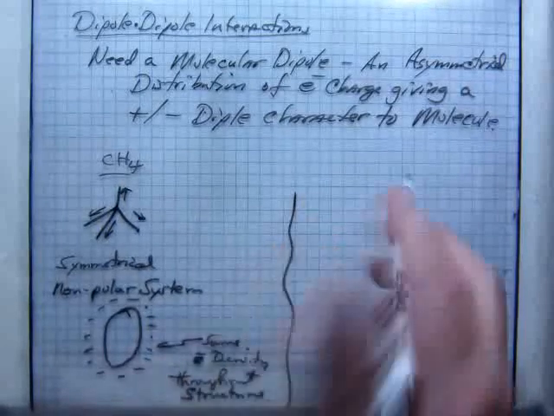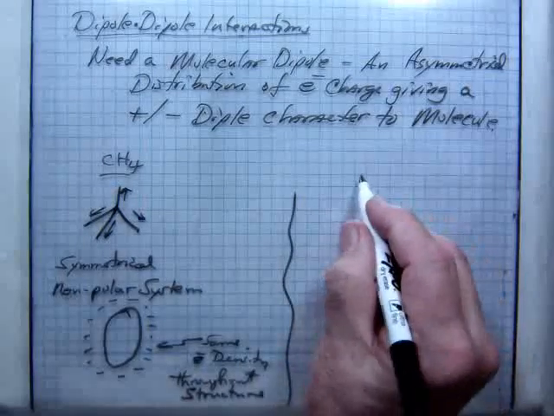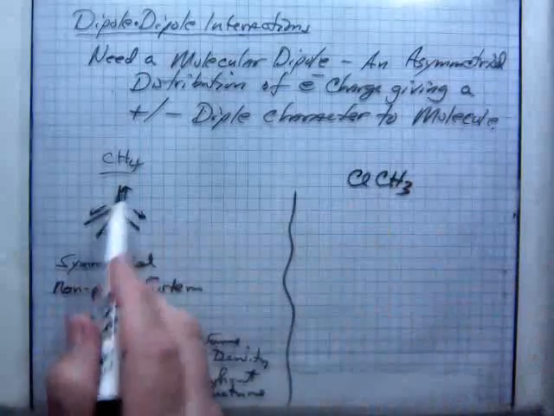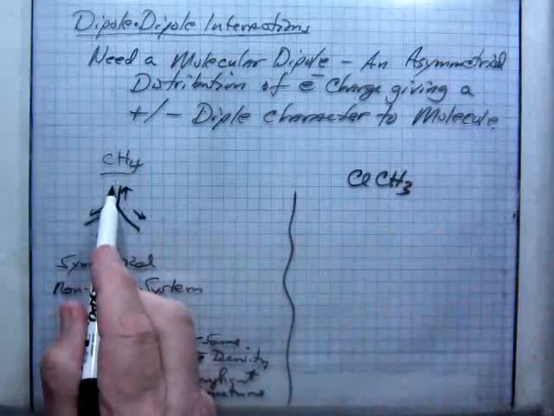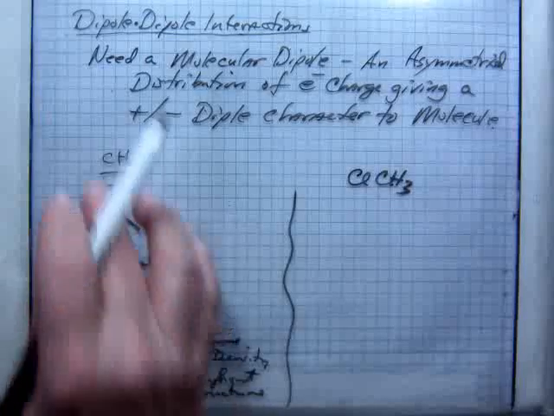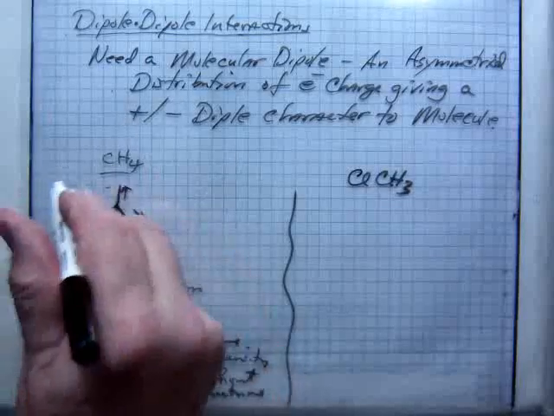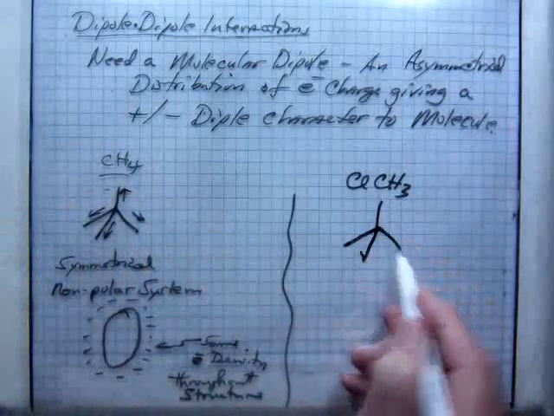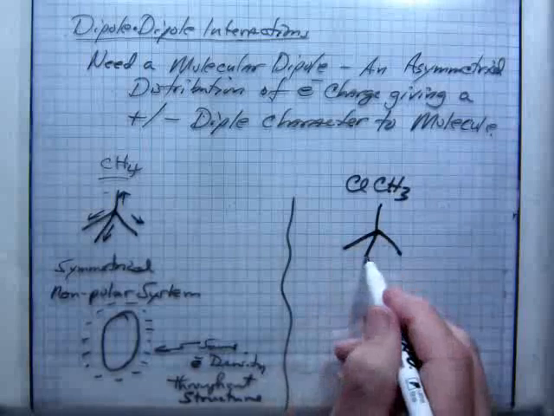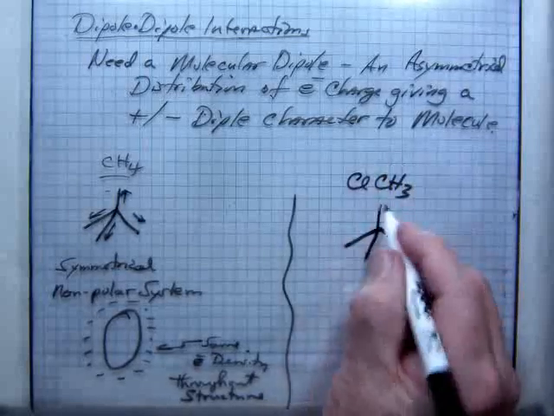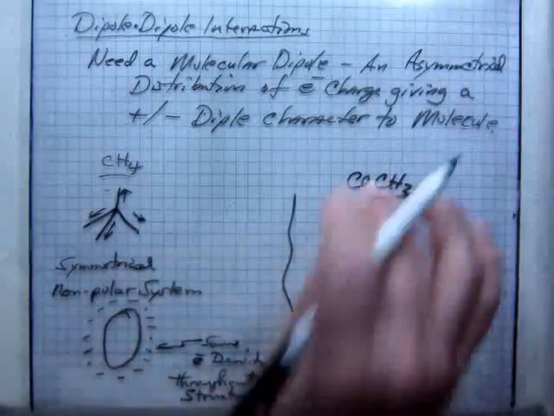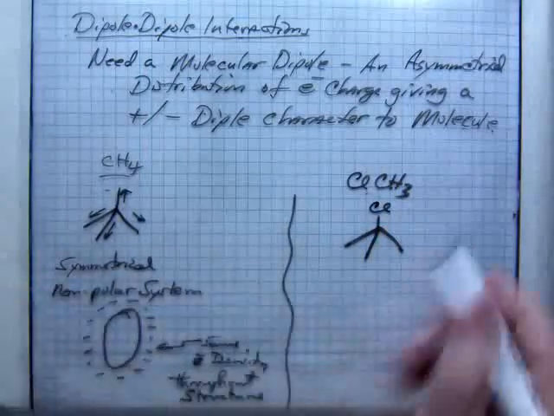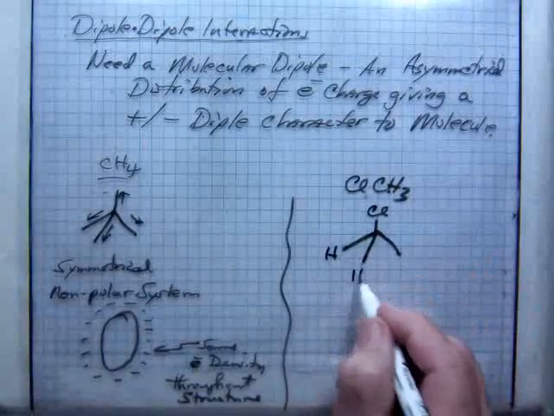However, if we take something like chloromethane, which has a chlorine substituted for one of the positions in the methane instead of all hydrogens around, we have the same structure, but say you have a chloride at the top, this highly electronegative, and then you have your hydrogens here, here, and here.